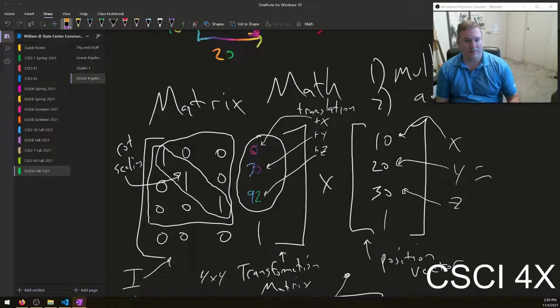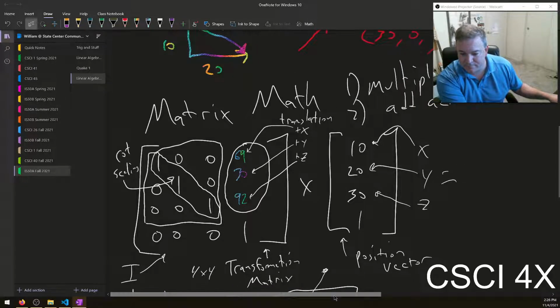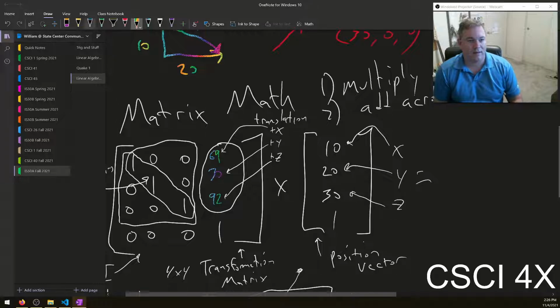It's not really readable. Okay, so let's do the multiply down and add across. So we take 10, 20, and 30. Let's see, maybe we can zoom out a little bit here. We're just going to take 10, 20, and 30.